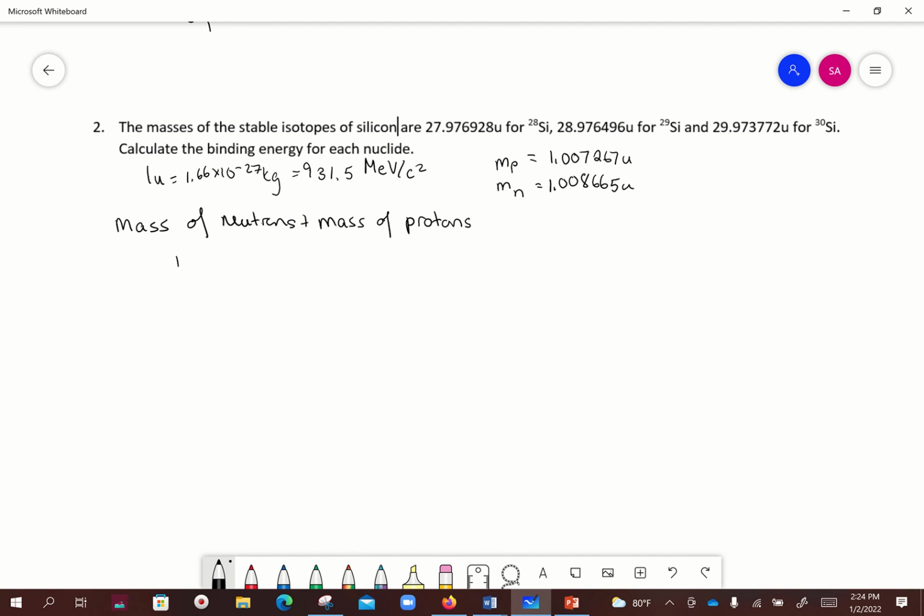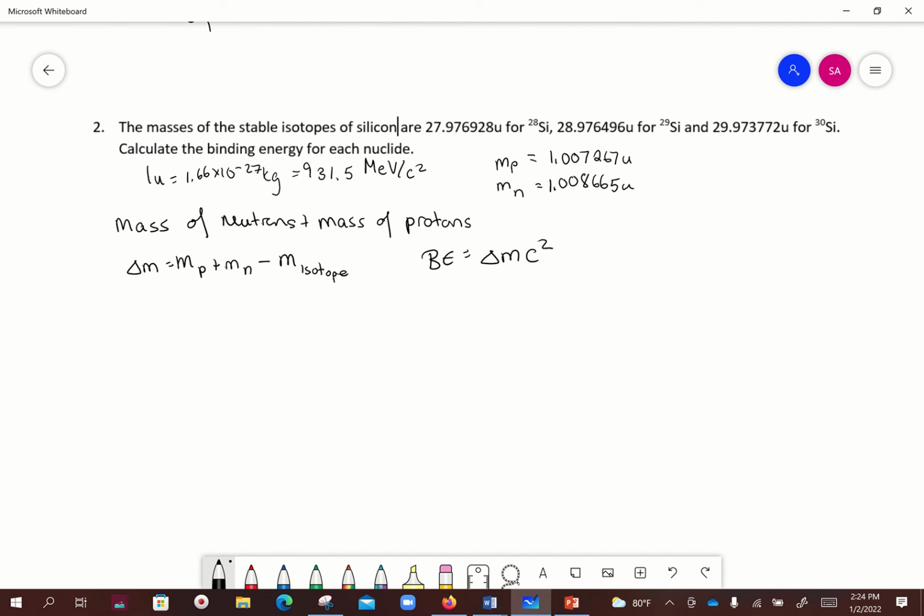So we do mass of the protons plus the mass of the neutrons minus the mass of the isotope. So that's going to be my delta M, and my binding energy is delta M times c squared by Einstein's equation, E equals mc squared.